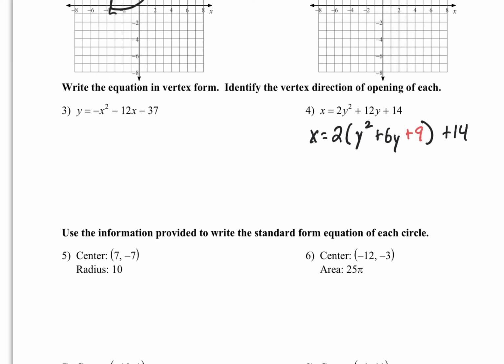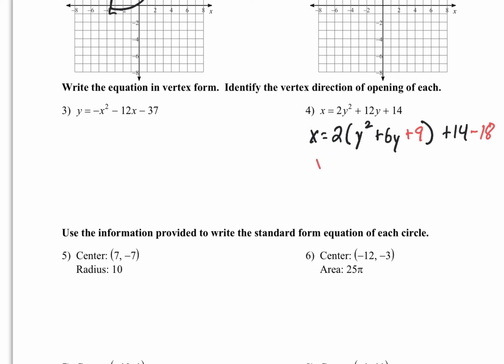Okay, so we add in 9 there. But I'm going to keep it on the same side of the equation in here. So I'm not going to add in something now. I'm going to subtract. But what am I going to subtract? 9 or 18? 18. And it's 18 because we have to distribute that 2 back in there.